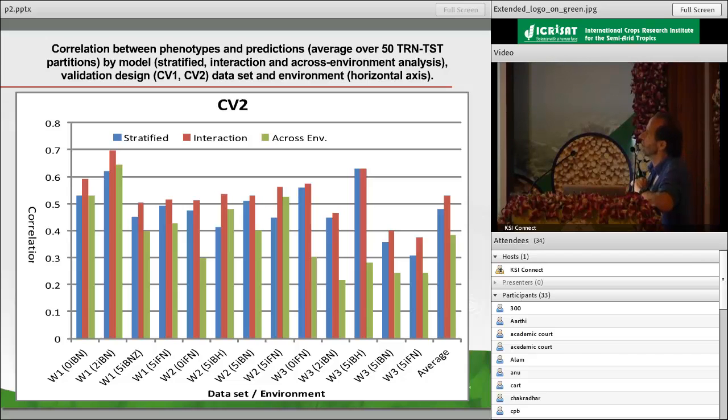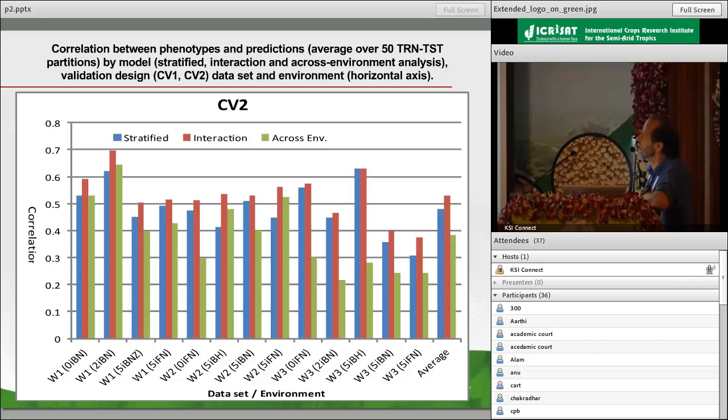We have run what we call the stratified model, which is a single environment model. This is the interaction model, and this is the cross-environment model. For CV2, this is the prediction when we say, let's do sparse testing, and we have this genotype in some environments and not in others. So these are the results of the prediction models in this situation.